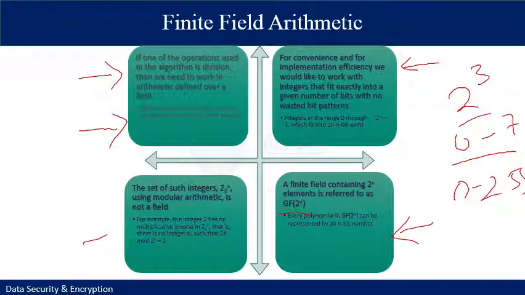When we replaced the polynomials with the number of bits, such as in 2 raised to power 3, we use 3 bits, 000 to 111. So you can consider the set of all polynomials of degree n minus 1 or less with binary coefficients.